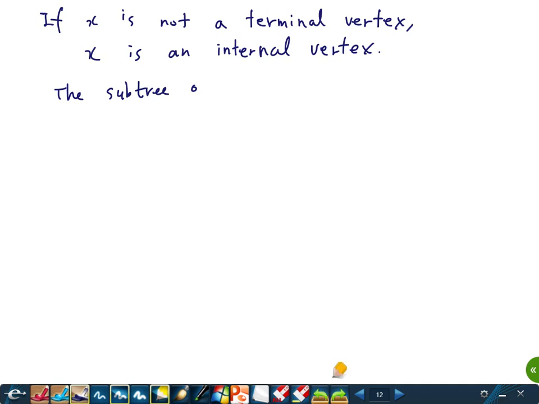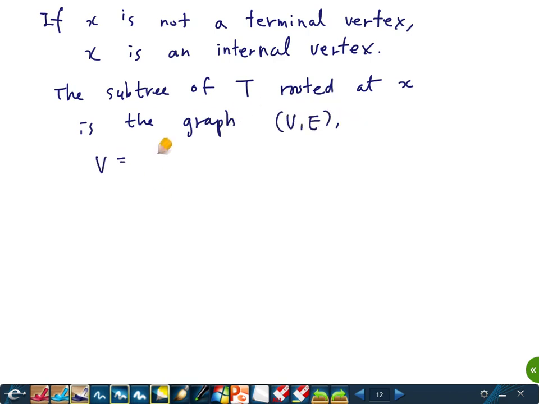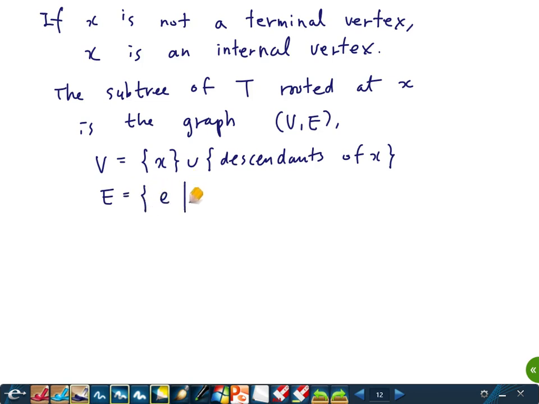The subtree of T, so T is the original tree, rooted at X, where X is one vertex in T, is the graph, say (V, E), where V is X union all descendants of X. And E is a set of edges E, where E is an edge.